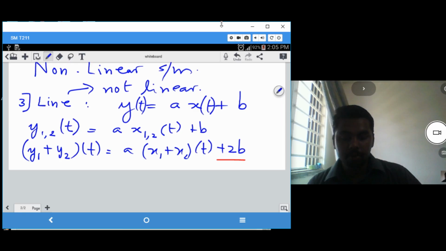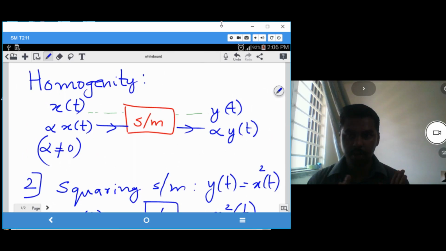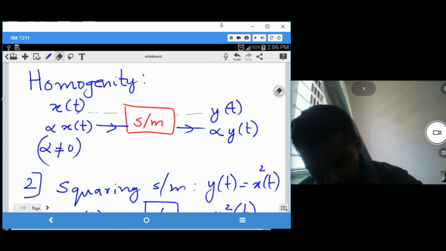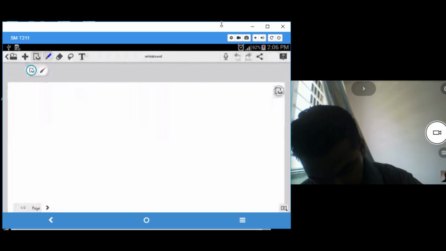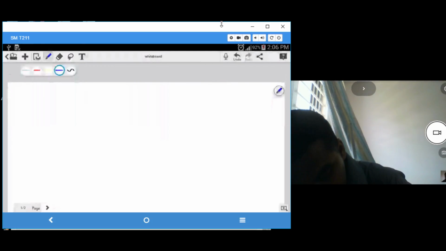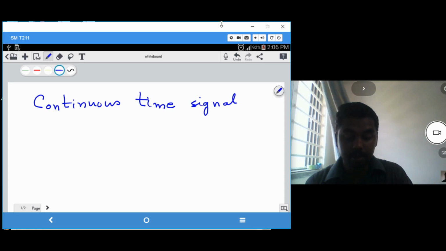Now we shall go into some other classes of signals as well as systems. We have learned a class of systems known as the linear systems. So let us consider this class of signals now, which is a continuous time signal. What is meant by a continuous time signal?